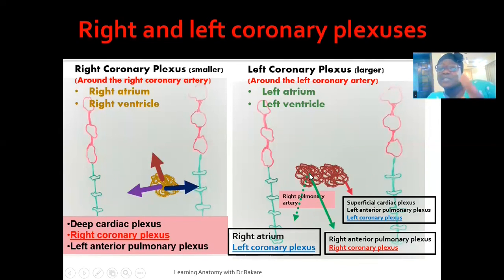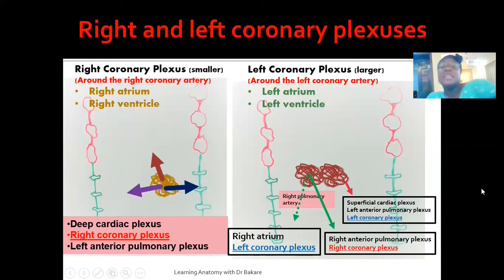So from the right side of the deep cardiac plexus, the branches that are seen to pass behind the right pulmonary artery here, you have the left coronary plexus. So this is where it gives off a branch to form the left coronary plexus. And also on the left side, you have the deep cardiac plexus also giving off a branch to form the left coronary plexus. So this is just limited to the deep cardiac plexus.